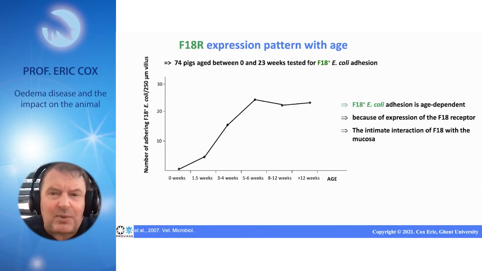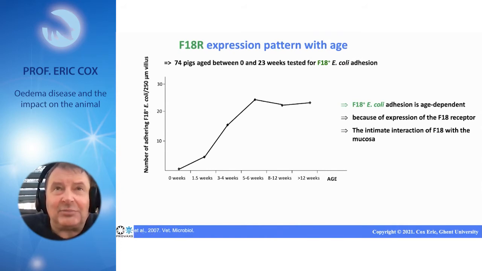That explains partly why you detect F18 E. coli after weaning, and not immediately after weaning, but mostly a few weeks after weaning. So Oedema disease is a disease that mostly occurs 4, 5, 6 weeks after weaning.